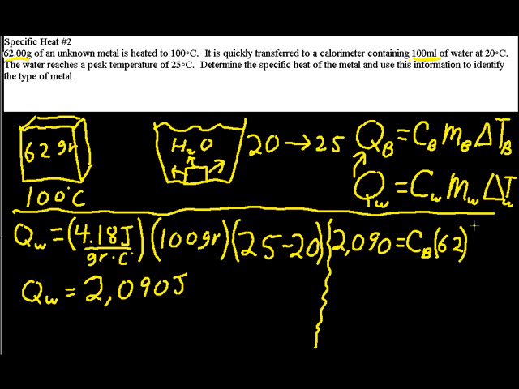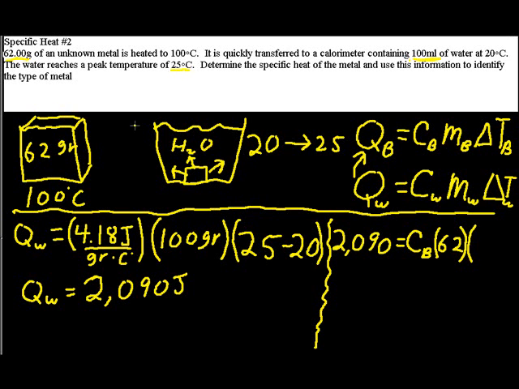Now, the change in temperature, let's think this through. The initial temperature of the block, when you first placed it in the water, was 100 degrees. Now, once the heat from the block had moved out completely, the temperature of the water and the temperature of the block was the same. So at the end of this process, the temperature of the block was the temperature of the water at the end, which was 25 degrees.